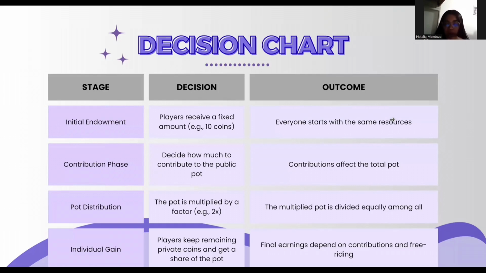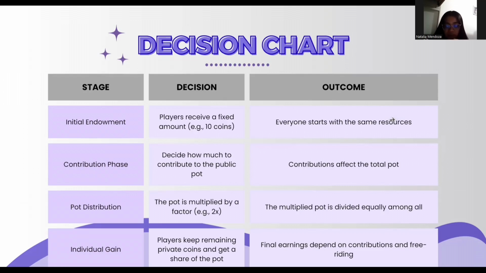The amount contributed affects the total resources available to the group as the pool is multiplied by a factor, for example, 2 or 3, to simulate the benefits of collective contributions. This multiplied pool is then divided equally among all participants, regardless of how much each player originally contributed.